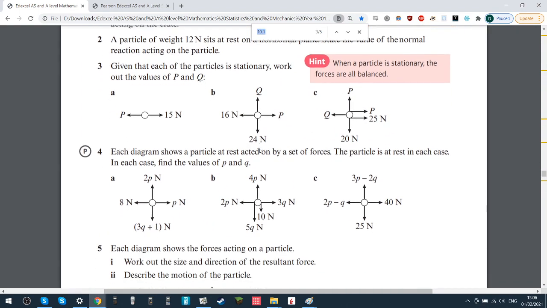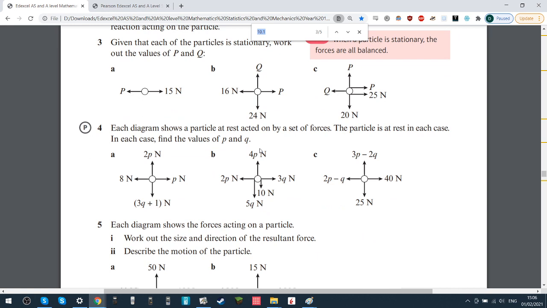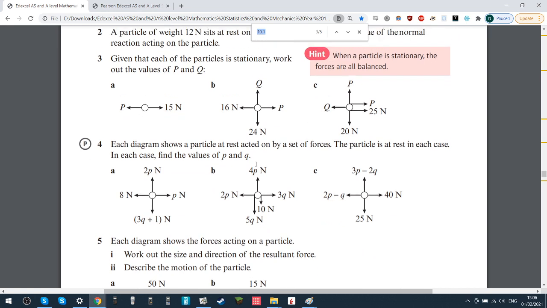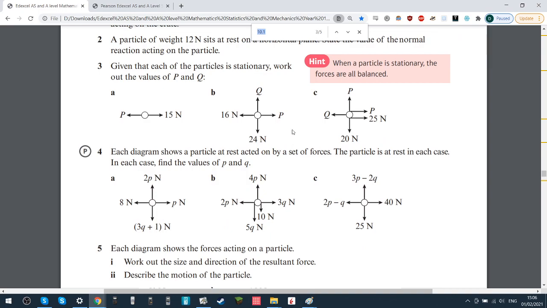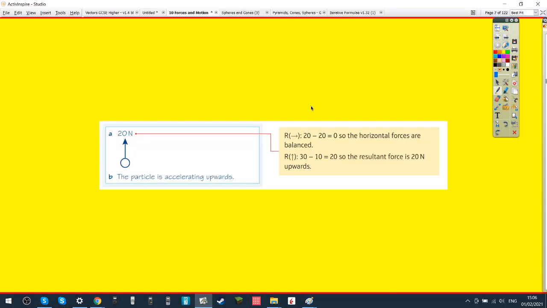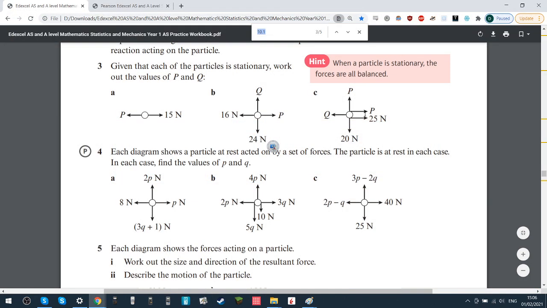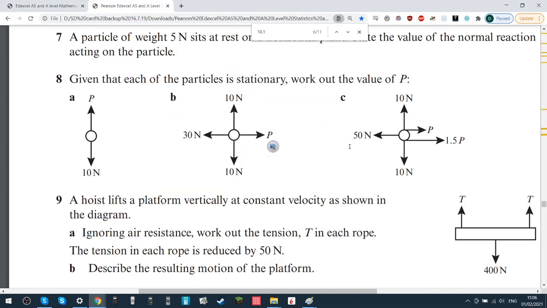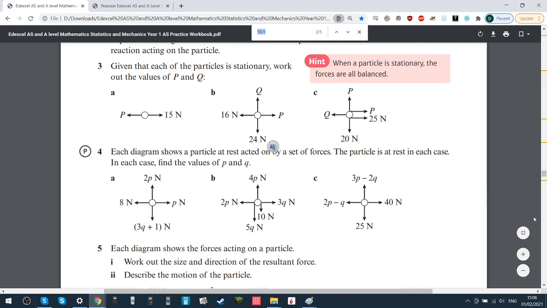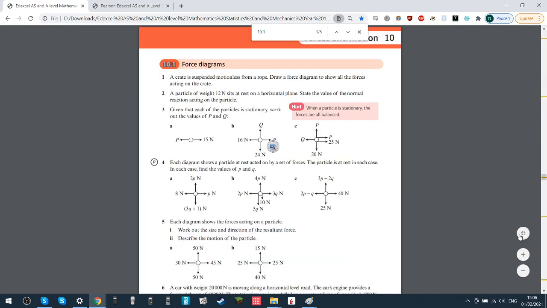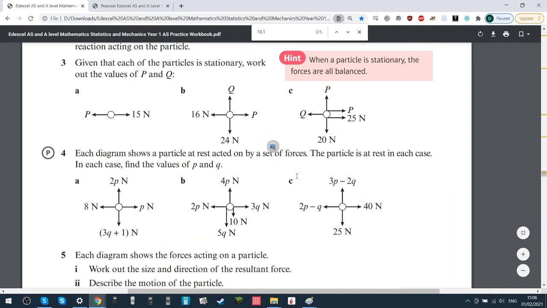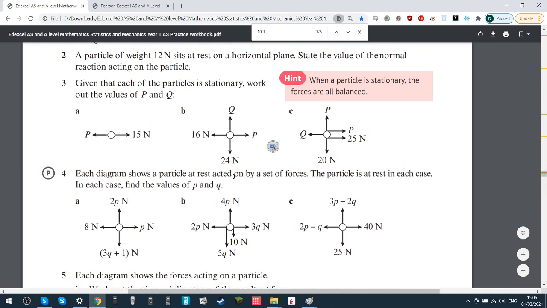Alright, it's kind of the same. Alright, so for each of these, it is stationary. Hang on, let me just bring it in. So that's that, that's that, that's that. Alright. For each of these, it is stationary. And so what is the value of P and Q in each of these?